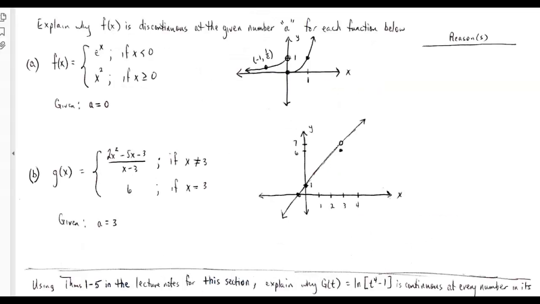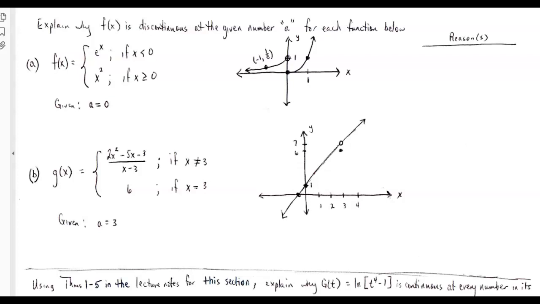All right, so moving on to our next example here, we see that we want to look at these two piecewise functions, and we want to explain why our function has a discontinuity at the given value of a that we're asked to look at. And so what we want to do is basically describe what's happening and give the criterion that fails in the definition of continuity.